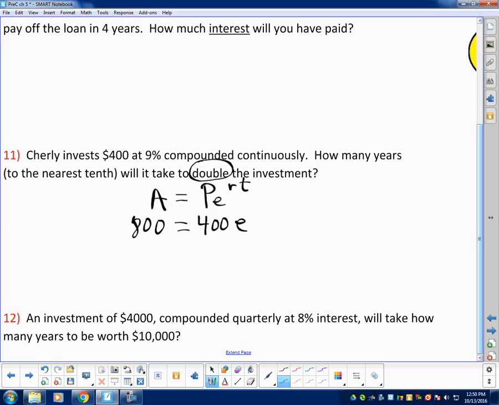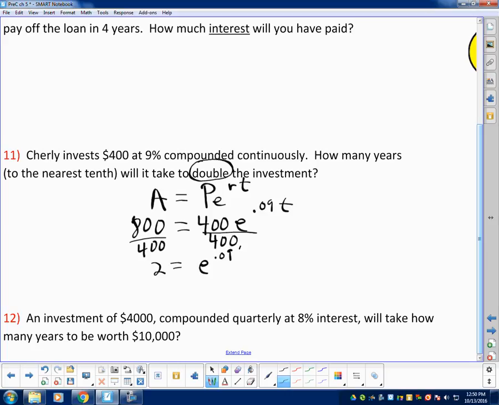R is the rate, 0.09, to the T power. So now this is right in our wheelhouse. How do we solve this problem for T? First of all, before we take ln, divide by 400. So I've got 2 equals e to the 0.09t.